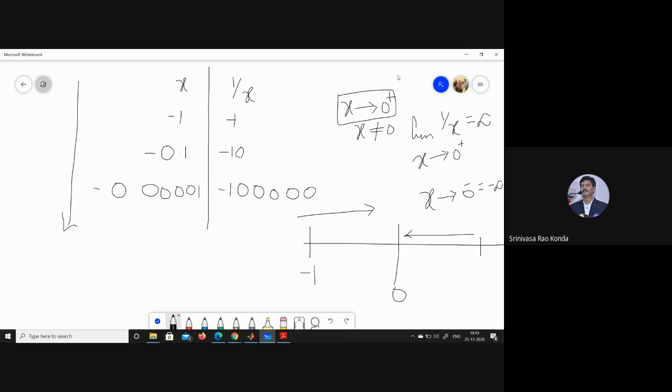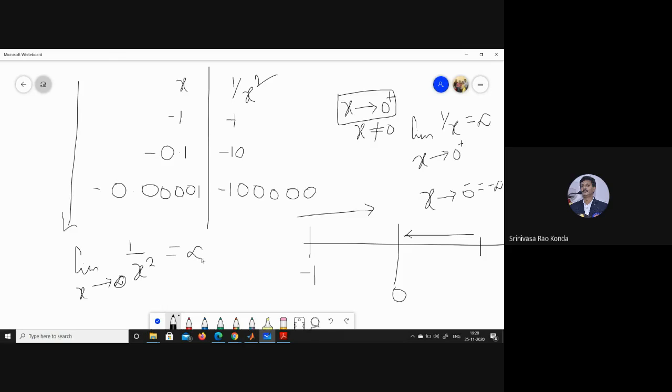If you take 1 by x square, the left hand side limit is the same as the right hand side limit, that is equal to infinity. In that case, we can say the limit as x extends to 0 of 1 by x square is infinity.